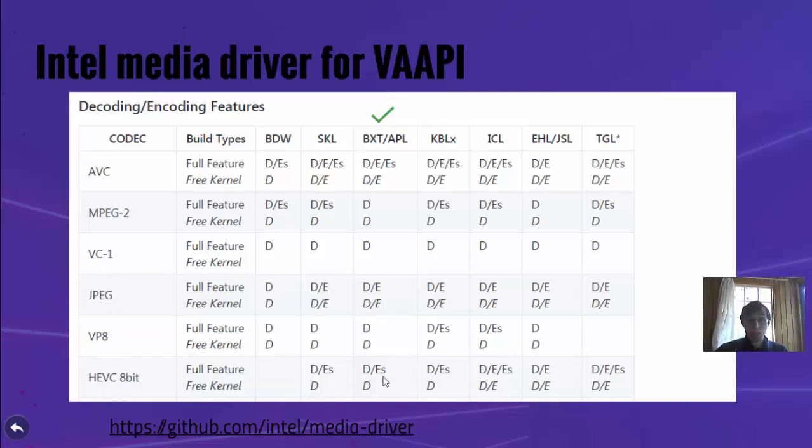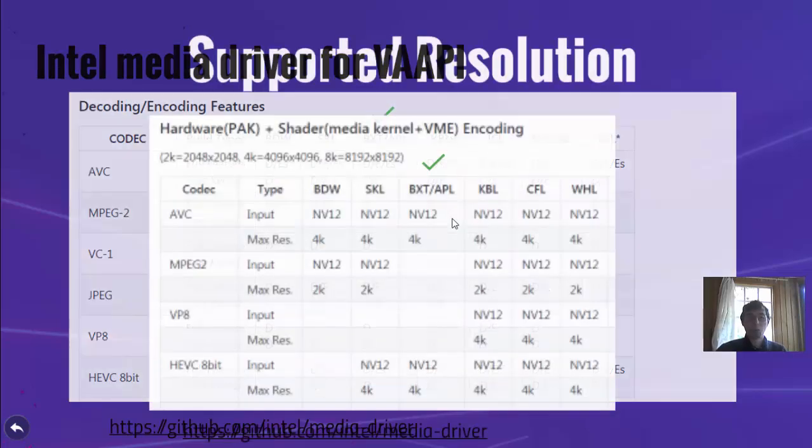Maybe you're interested in HEVC 8-bit, which is a bit limited: it has decoders with full features and free kernels, but encoders are only ES and don't support free kernels. It only supports full features. There are other Intel platforms like Cobalt Lake and Skylake; this is a cut-down version of the table, but you might choose to read the whole table and choose the most proper platform for you.